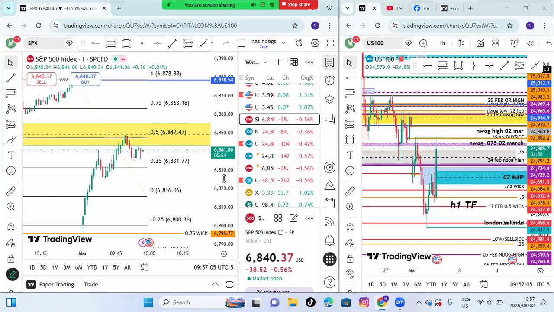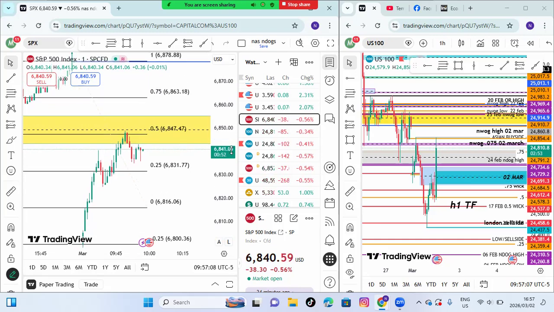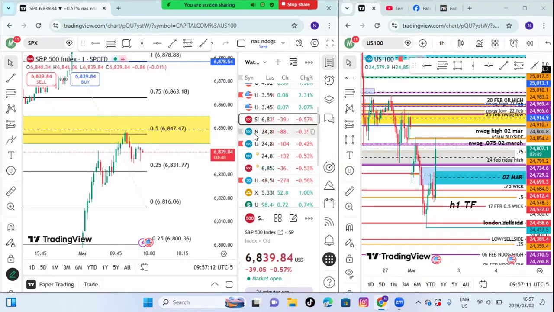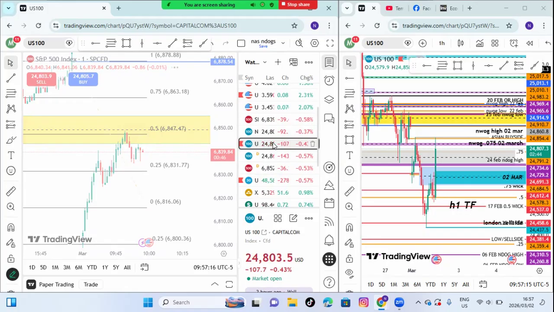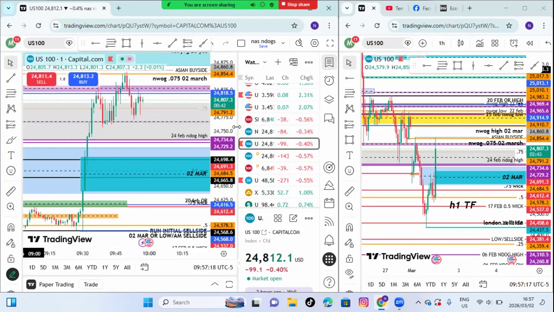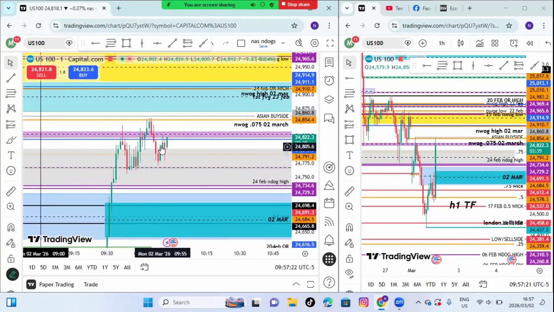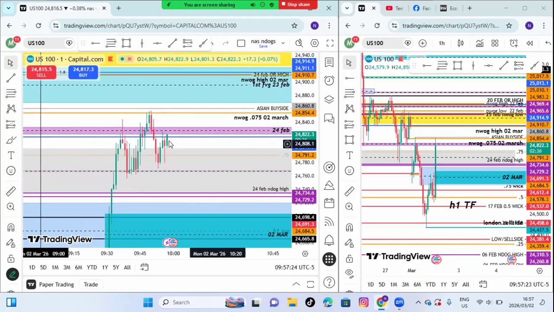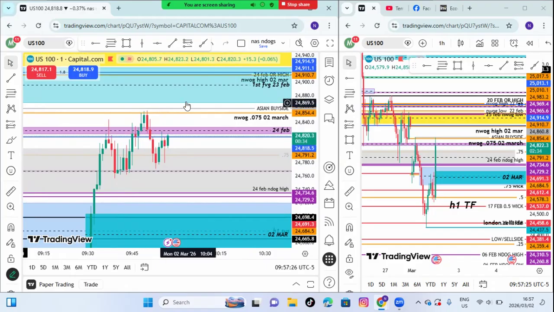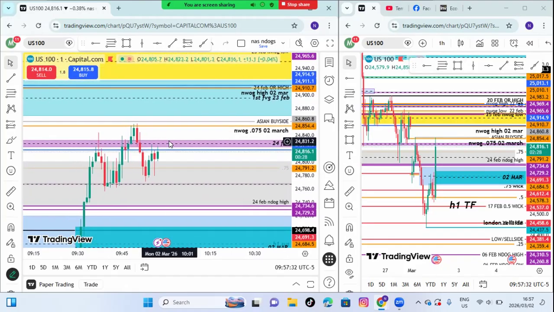Also, we have the S&P here. We're still waiting for more information. So I'm just gonna open that and put it there, waiting for it to go higher. Take out this gray level, Asian buy side, enter in here and see if you can get anything.